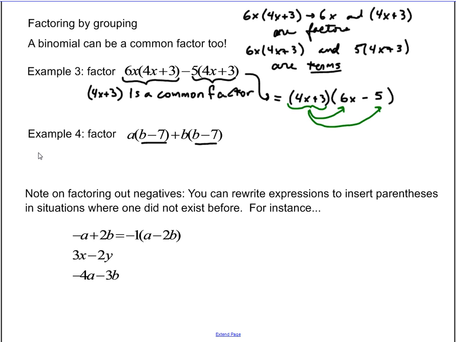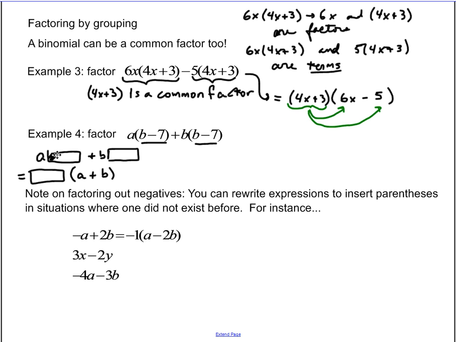The way I tend to think about these things is that a multiplied by something plus b multiplied by that same something, whatever the factor is, by the distributive property would be equal to whatever that quantity is times a plus b using the distributive property.